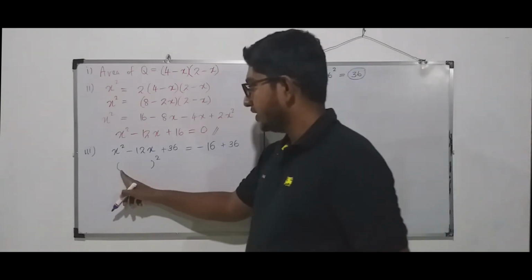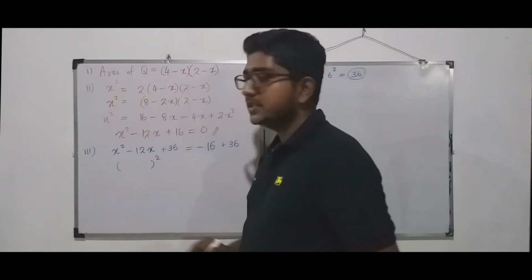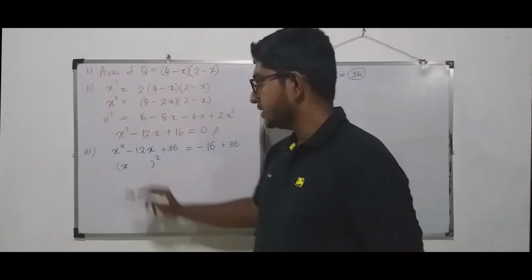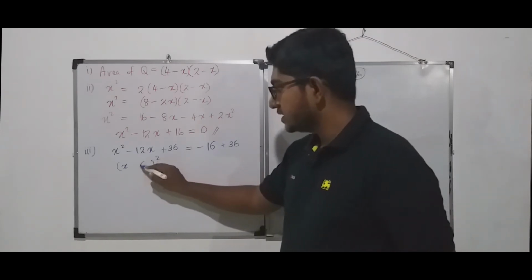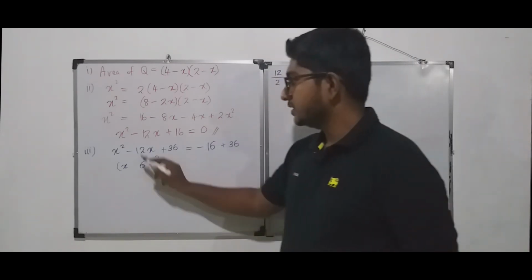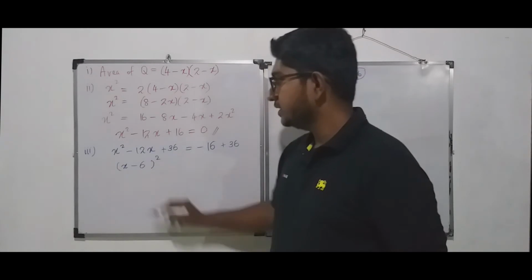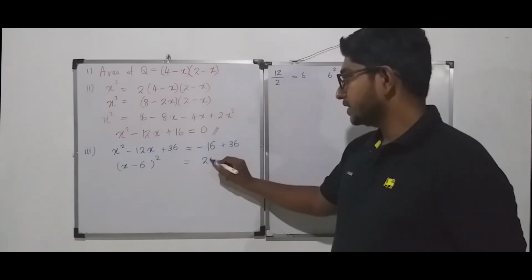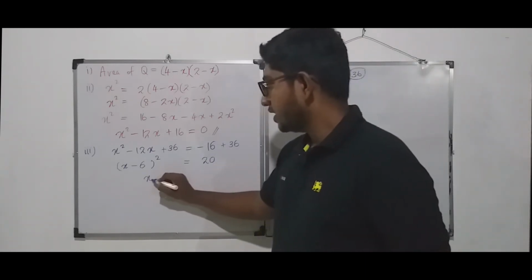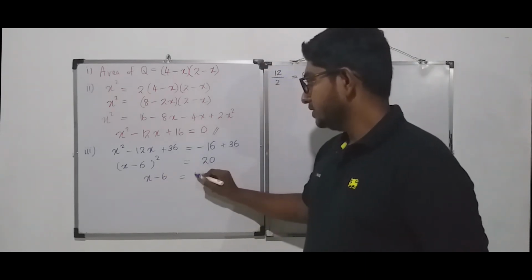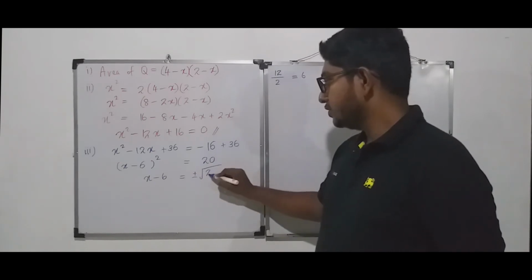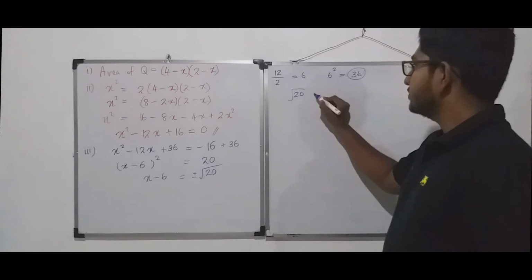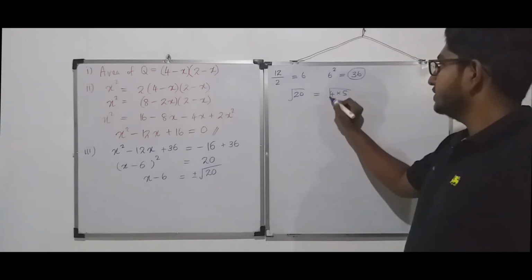How to identify or how to fill the two terms of this perfect square? First, take the square root of x squared, that is x. Take the square root of 36, that is 6. And take the sign of the middle term and put it in the middle. Here we get plus 20. Take square root on both sides. This becomes plus or minus root 20. We can write root 20 as 4 times 5.